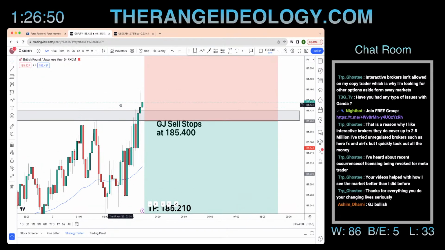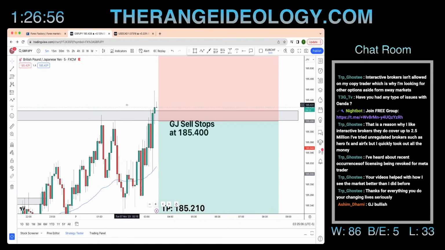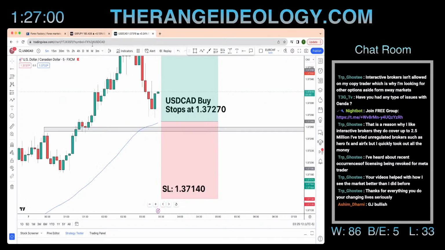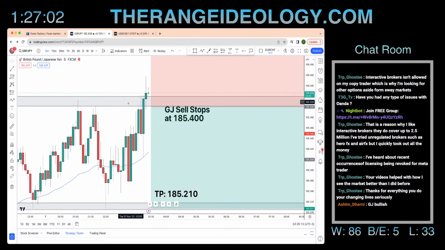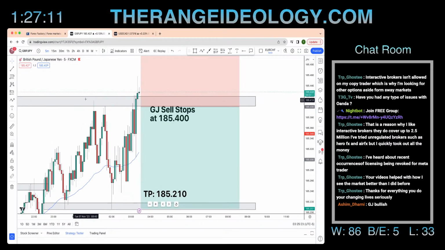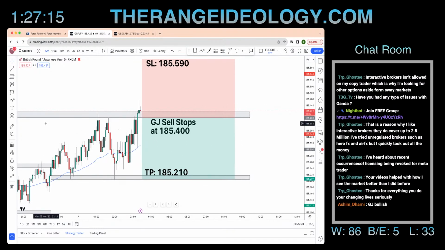All right, open up. 5-minute candle here. No bottom wick. No bottom wick here. It may push down here. Let's see. So we're about 2.5 pips away.